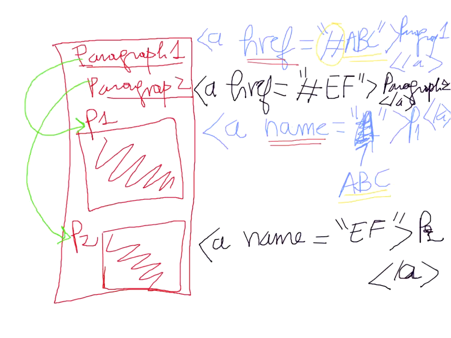So for links, if we want to create a link, we must write a href equal. After equal, we can specify the name of the link. Here we talk about an external link, or we write hash ABC or hash EF or hash Ahmed or hash Ali or hash anything.